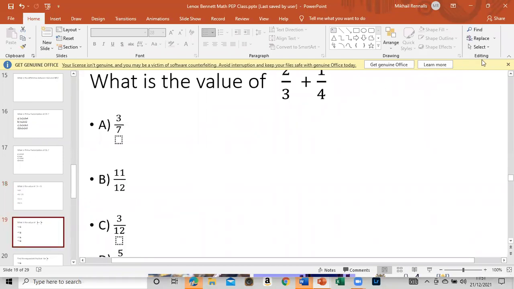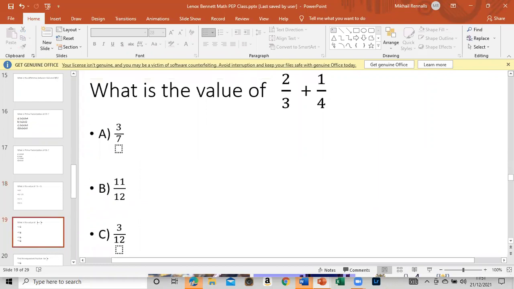What is the value of 2/3 plus a quarter? So guys, when you're adding and subtracting fractions, you must bring them to a common denominator. So you go ahead and do this one. It says we have 8 minutes.